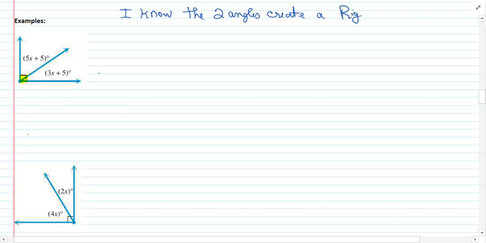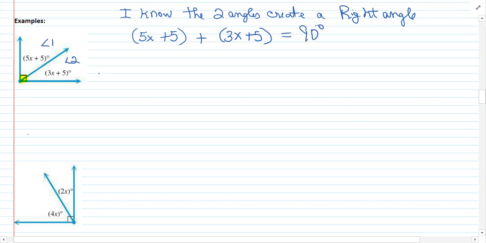A right angle, I should say. Sorry about that. And that means that I have 5x plus 5, this is angle 1, plus 3x plus 5, angle 2, must equal 90 degrees.